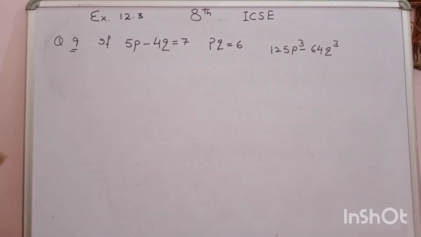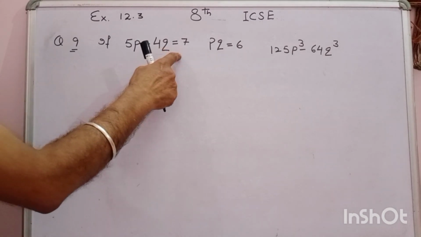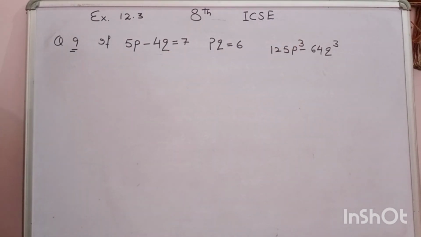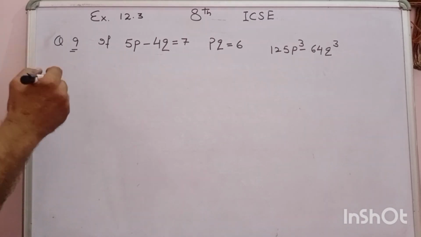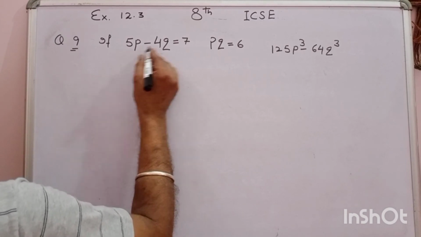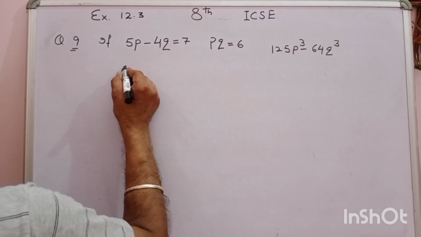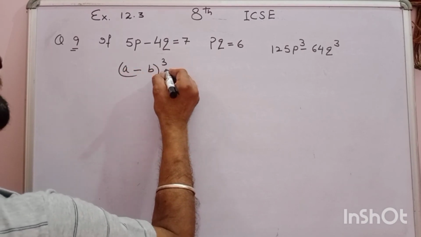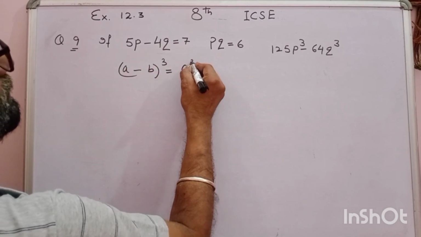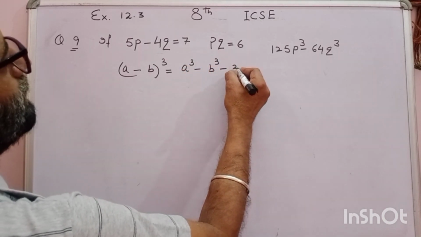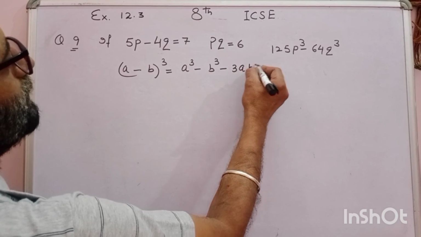Question number 9. If 5p − 4q is equal to 7, pq is equal to 6, find 125p³ − 64q³. Again the same identity we will use. (a − b)³ is equal to a³ − b³ − 3ab(a − b).